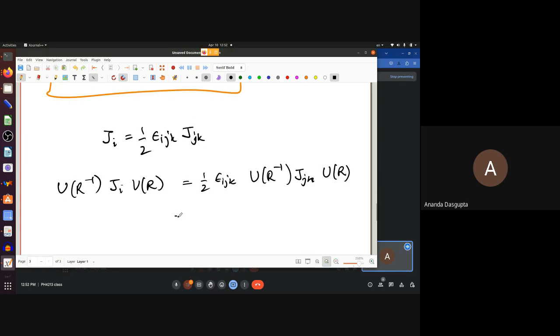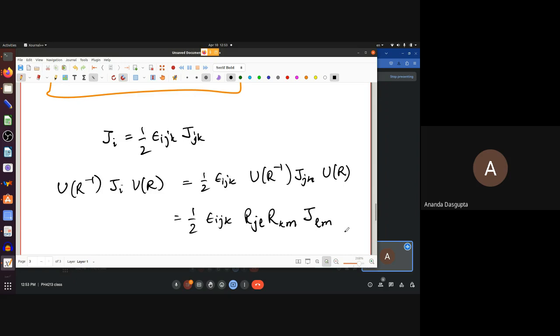We already know this, that UR inverse Jjk UR essentially is what happens to these capital J components under rotational coordinates, and we had already figured out that it transforms like a second rank tensor.